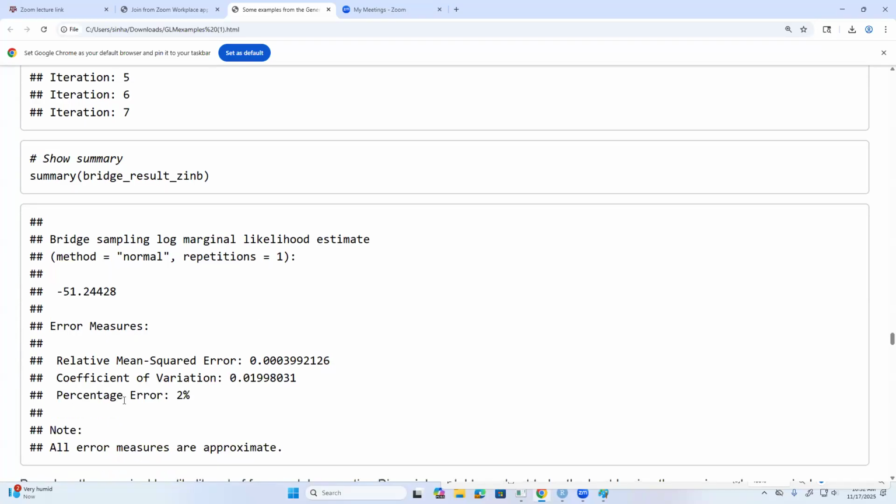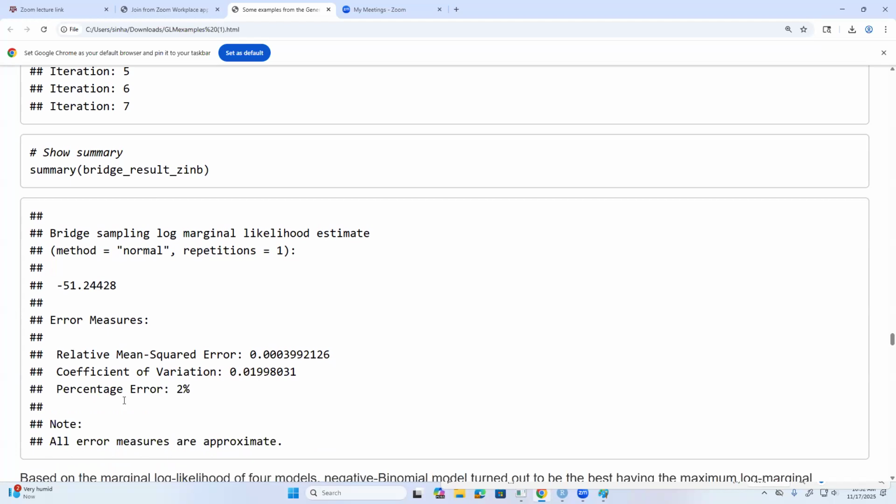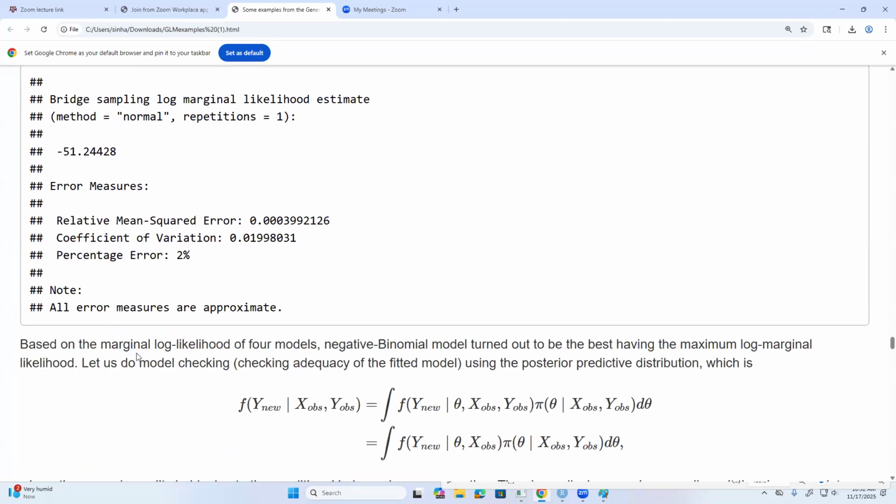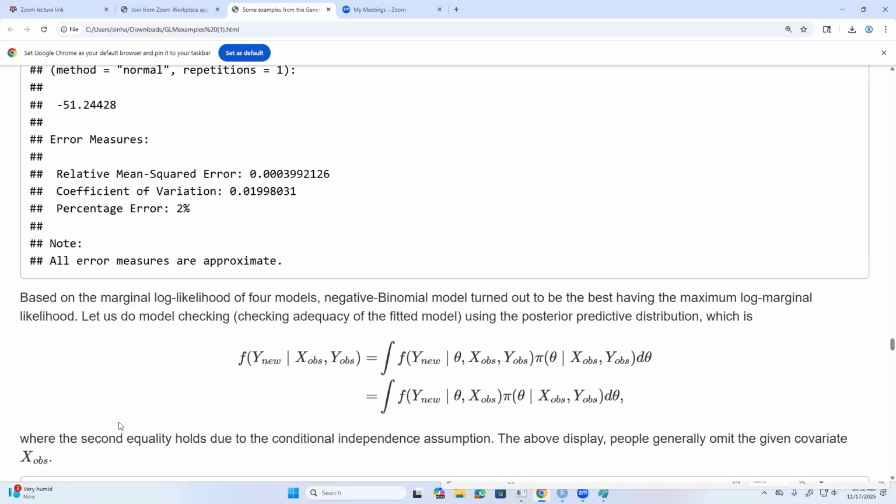Among all four models, negative binomial distribution has the maximum marginal likelihood. So that is the best model based on the marginal likelihood.